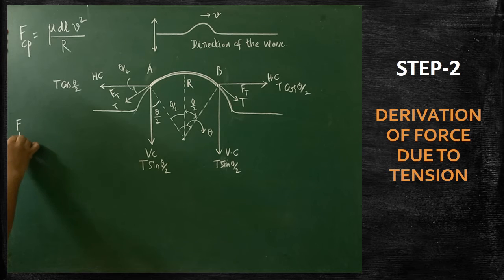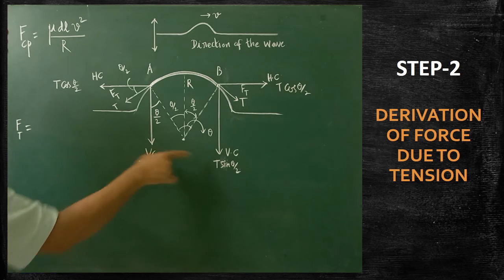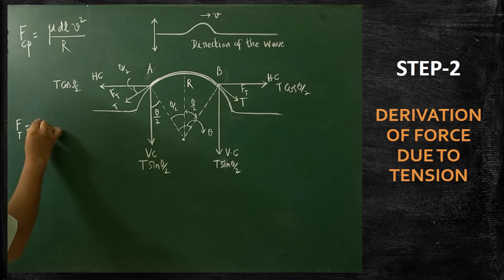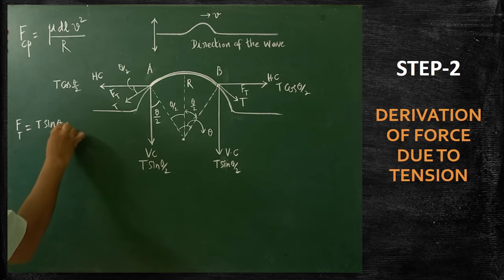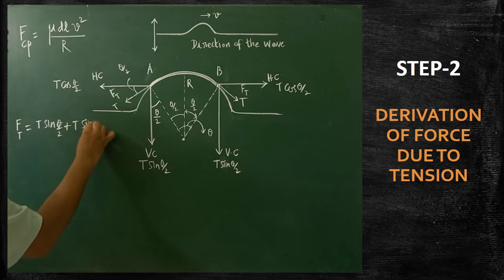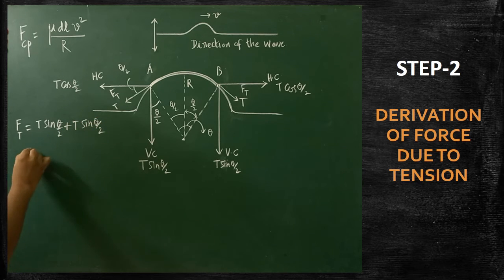Simply add both forces: T sin theta by 2 plus T sin theta by 2. After adding, you will get 2T sin theta by 2. So this is the method of adding both. This is called the force due to tension.